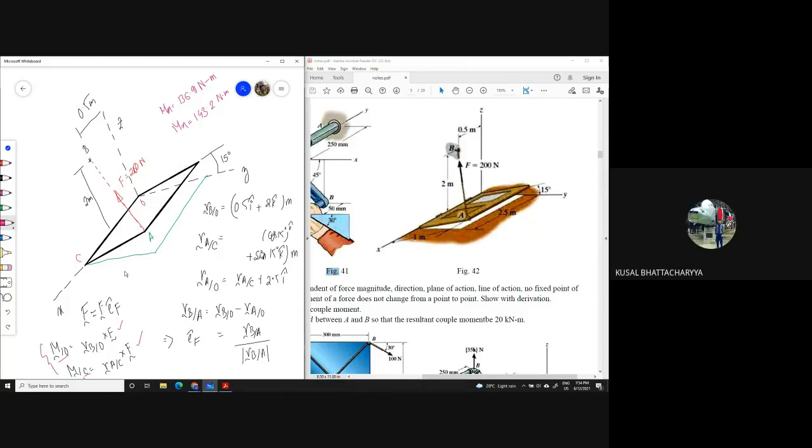Sir, the answer should be the same in both cases, because while taking the scalar triple product with the r vector, the x value of the r vector matters.